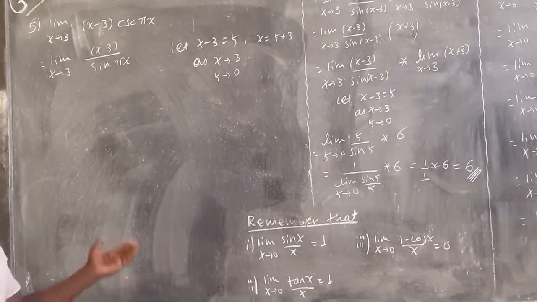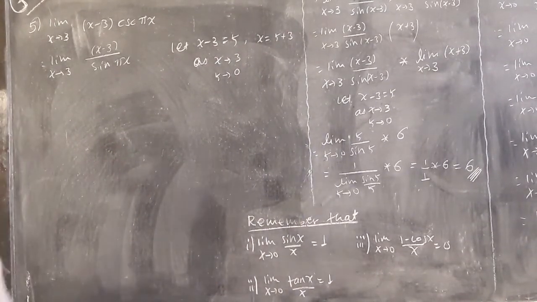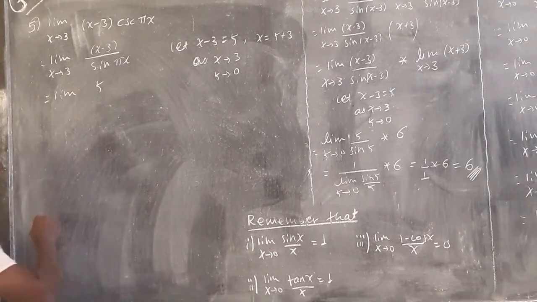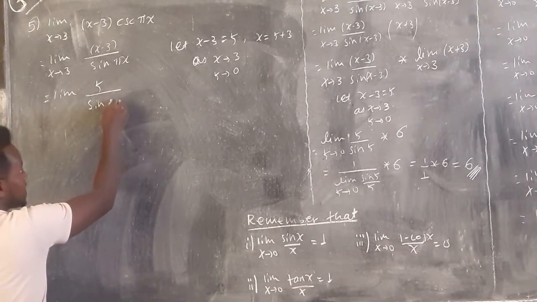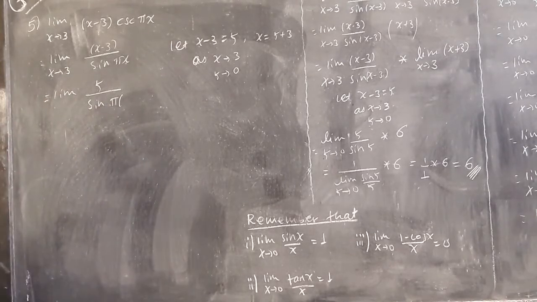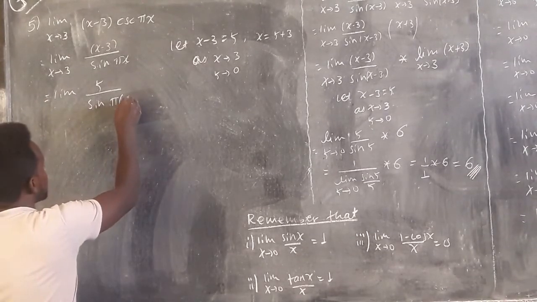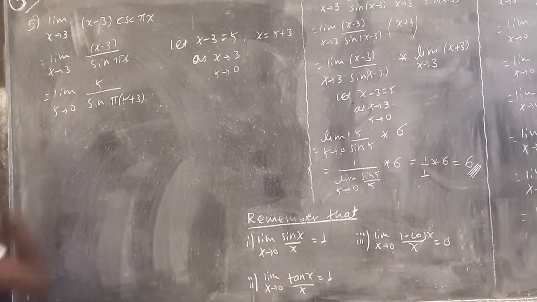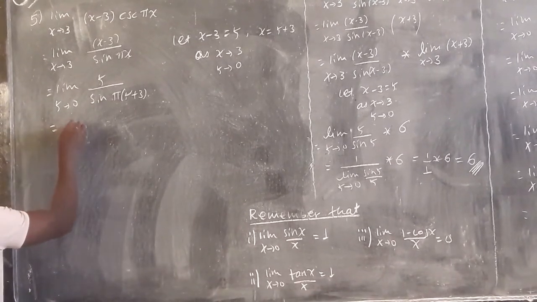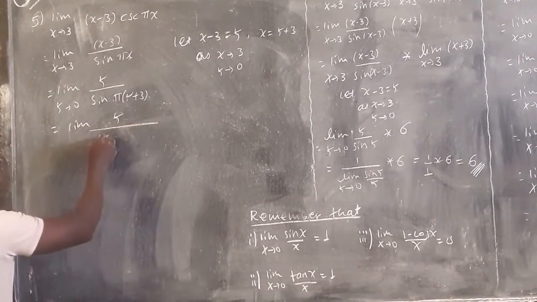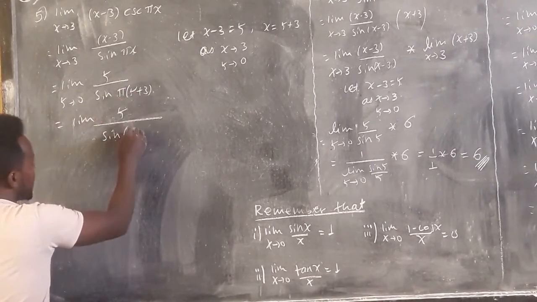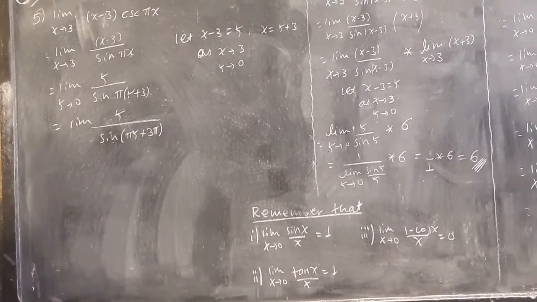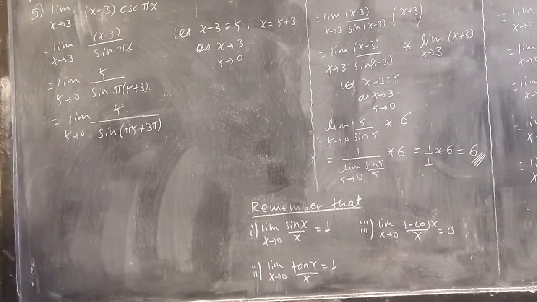Now this is the limit of x minus 3, which is y, over sine of pi times x, where x is y plus 3, as y approaches 0. So this is the limit of y over sine of pi times y, which is pi y, plus pi times 3, which is 3 pi, as y approaches 0.